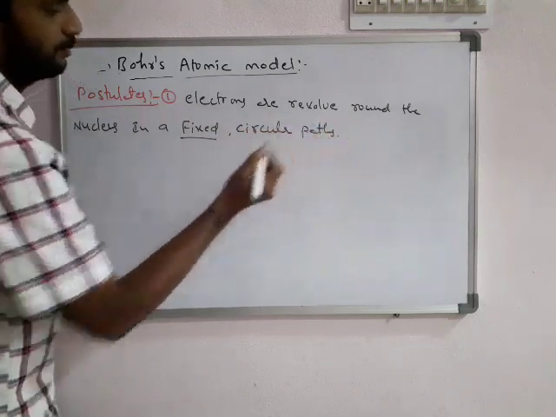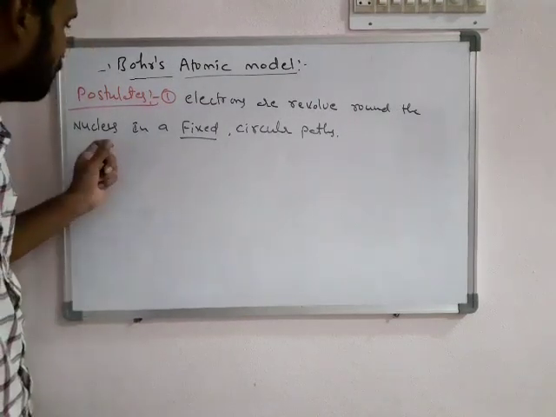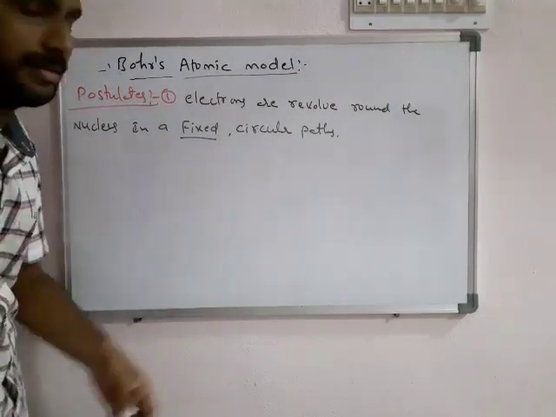Electrons revolve around the nucleus in fixed circular paths.